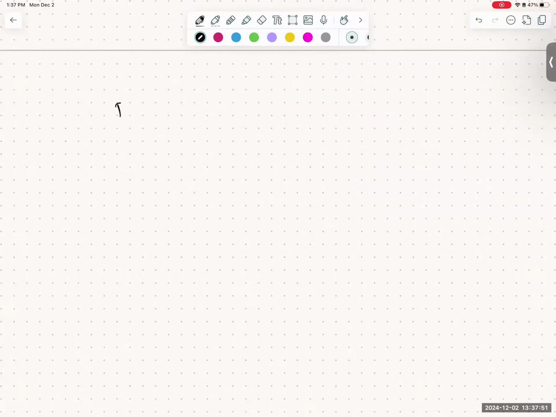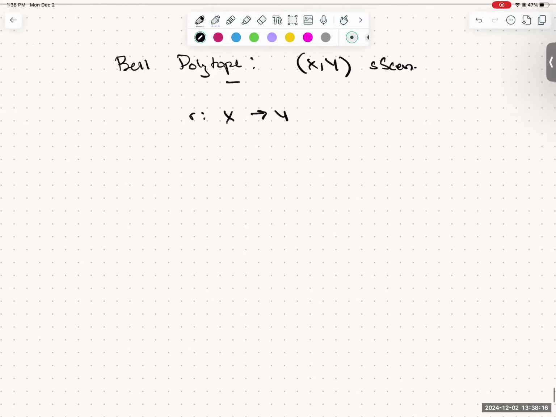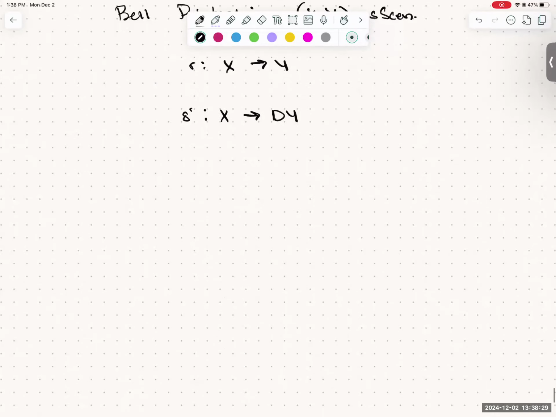So, maybe more within simplicial distributions, we have X, Y as a simplicial scenario. And then you have something like outcome maps. And then you actually have the simplicial distributions that come from those outcome maps, D, Y. So I will use the notation from the paper.